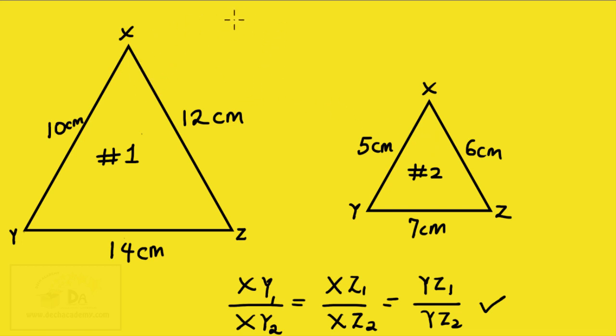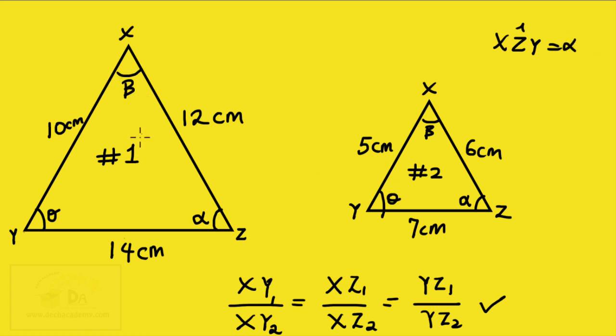So I'll call this angle here theta, this angle here beta, and this angle here alpha. Now angle XYZ in the first triangle must be equal to angle XYZ in the second triangle. So this angle here must also be theta, this angle must also be beta, and angle XZY must be alpha in both triangles.